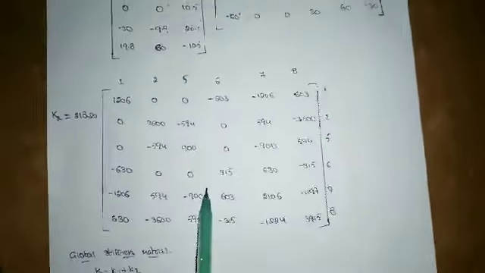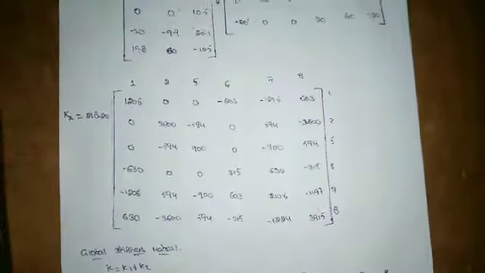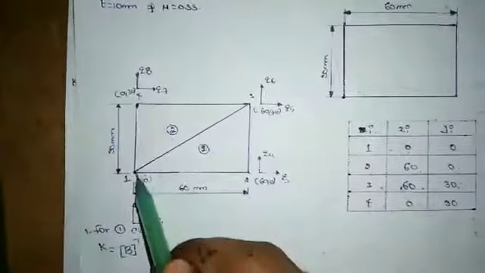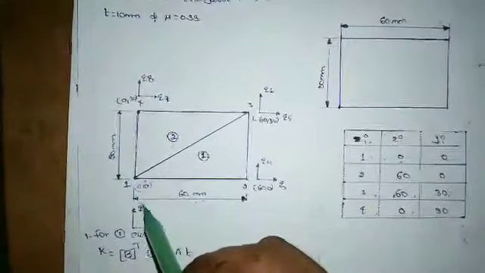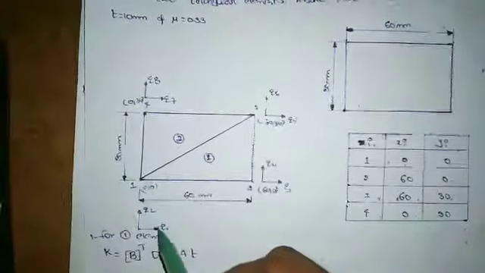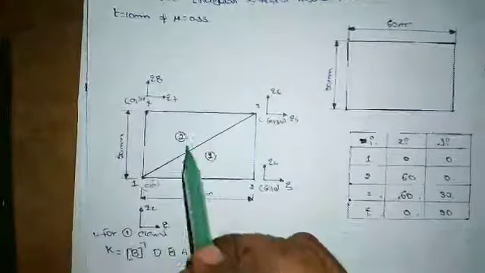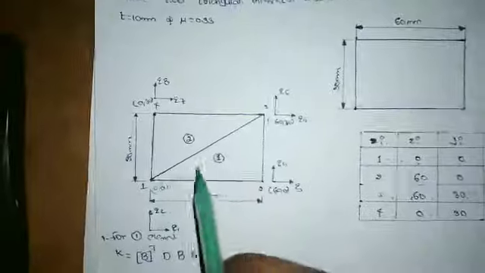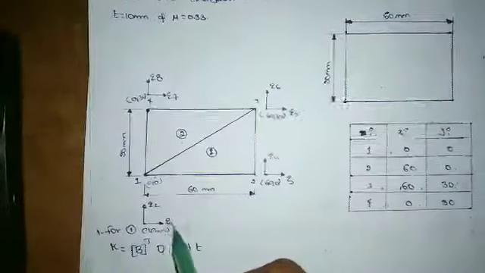The K2 matrix has the nodal numbers 1 3 4. The second element has the nodal numbers 1 3 4, so you have to keep here the displacements q1 q2 q5 q6 q7 q8. In the first element the nodes are 1 2 3, so you keep above the K matrix q1 q2 q3 q4 q5 q6.